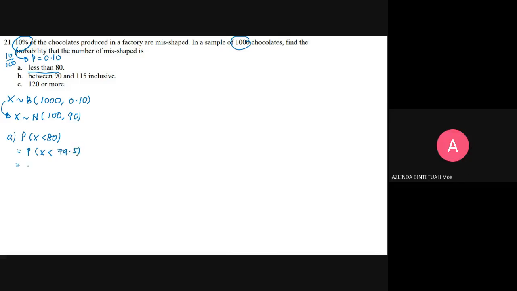Okay, convert, standardize to Z. What is the value? Negative 2.16.